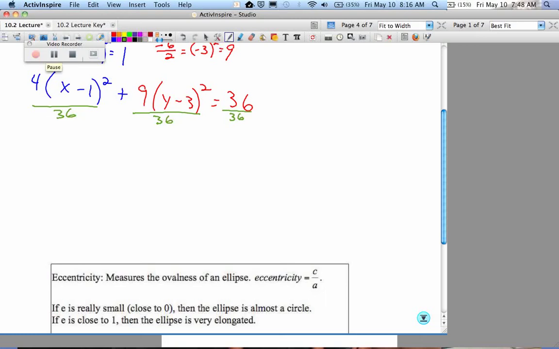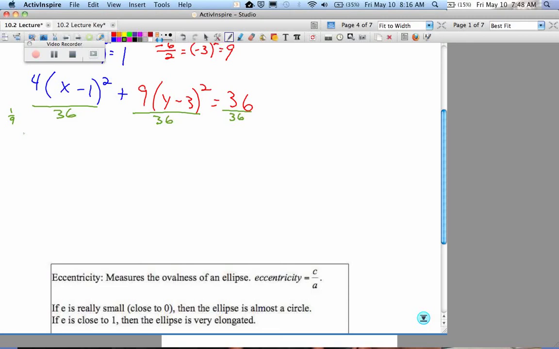So this is 4 over 36, which is 1/9. 4 over 36 is 1/9. You can put those numbers in, hit math, enter, enter, and it will reduce that fraction. But what we're really doing is multiplying by 1/9.